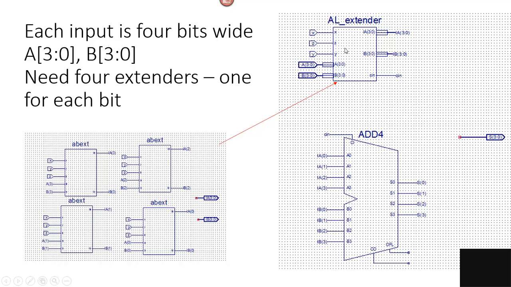Notice that the adder inputs are coming from this extender, which is 4 bits wide, and we have into the extender our original values A and B. And so we want to make changes to this extender to handle all 8 of the functions. The extender is a symbol that's made up of a bitwise extender handling each of the bits. We have 4 AB extenders to create this extender symbol, and then the output of that symbol is fed into the adder.